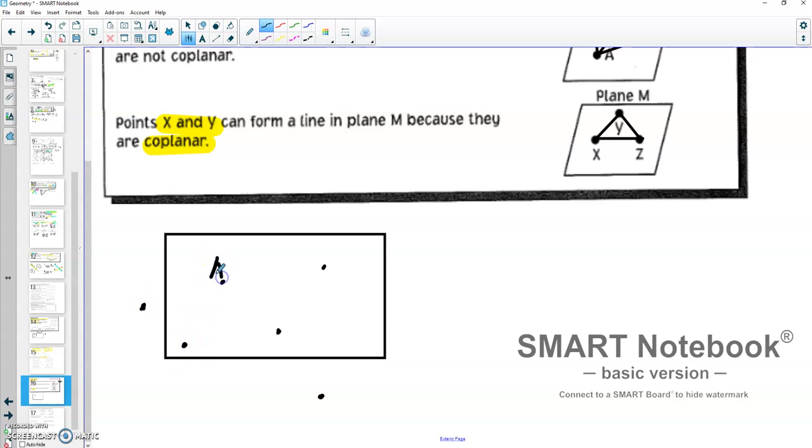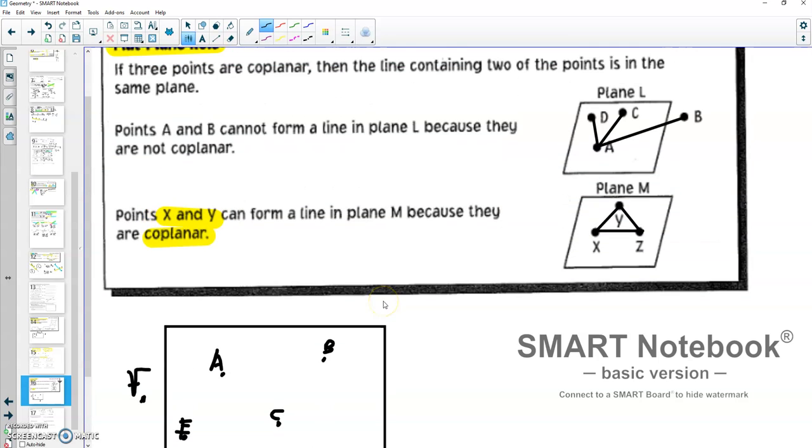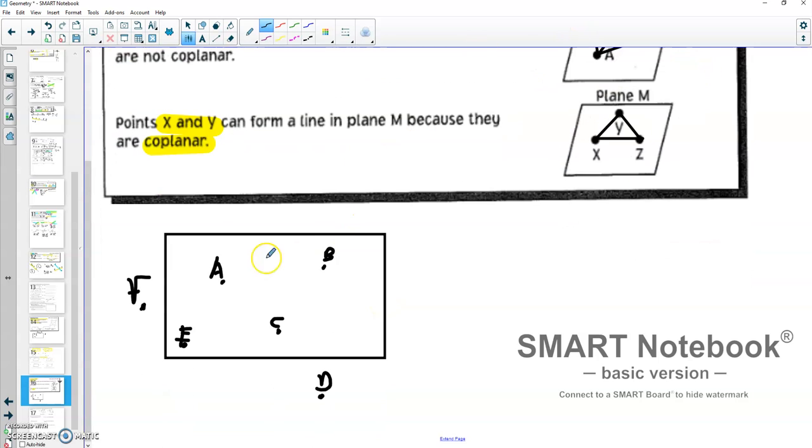And I'll label them A, B, C, D, E, F. So before we even start, what does coplanar mean? They're all inside the plane, and I can draw a line that's inside the plane as well. Anything on the outside is not coplanar.